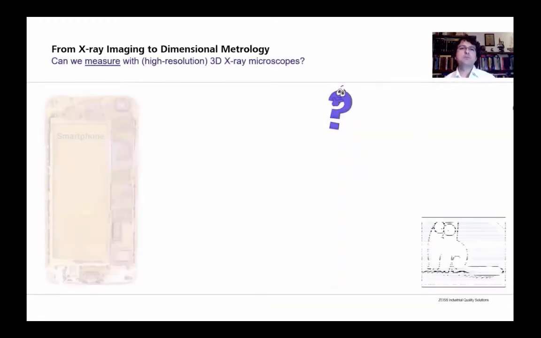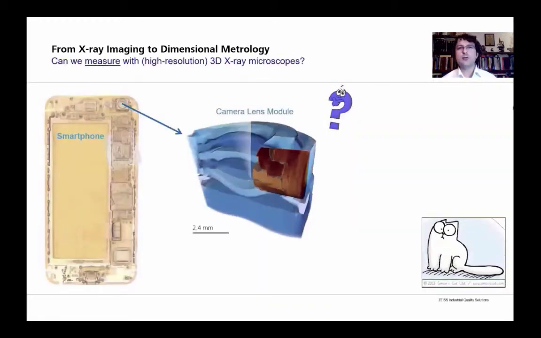Now, you have probably already seen this question popping up in my slides, which says, can we measure with higher resolution 3D X-ray microscopes? And the answer to that question is and has been, yes, of course, we can measure. In fact, it is quite common to see a scale accompanying the 3D microscopy images. And you can see that right here.